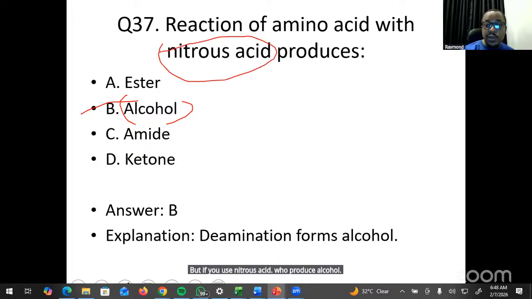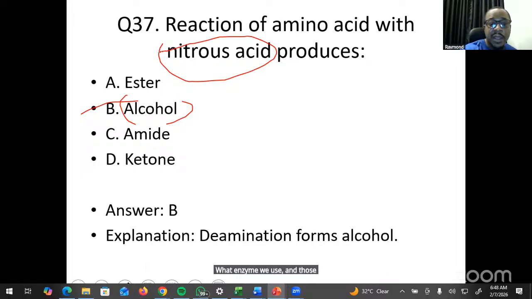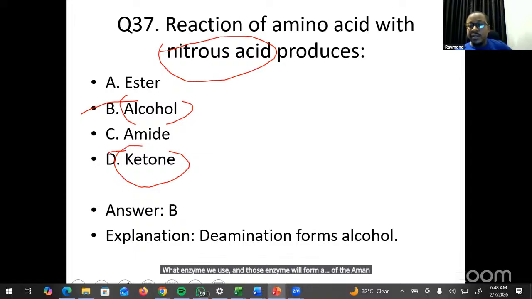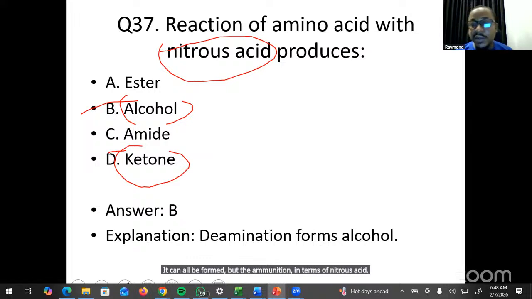But if it's occurring in the biological system, no longer nitrous acid will be used, but enzymes. Those enzymes will form an alpha keto acid of that amino acid. So in biological deamination, a ketone will be formed, but deamination in the presence of nitrous acid outside the biological system forms alcohol.